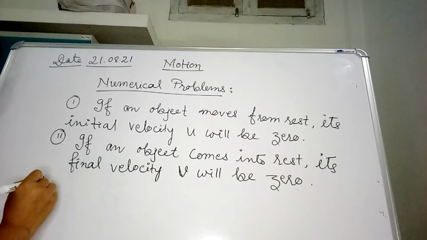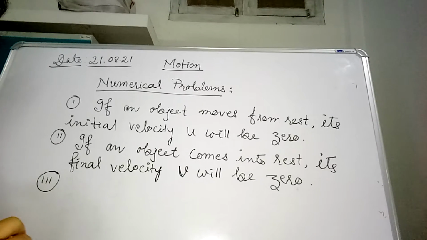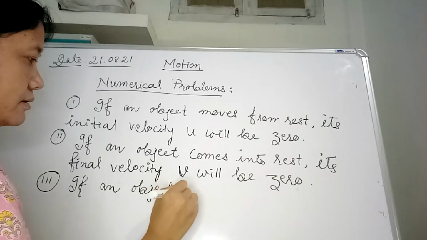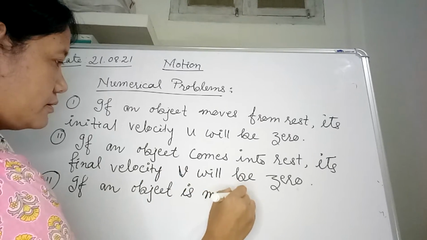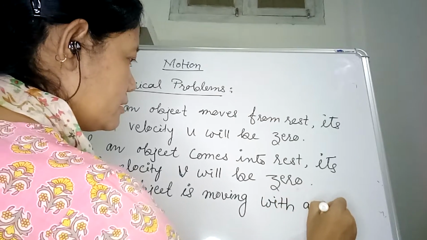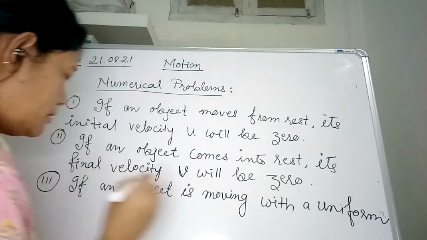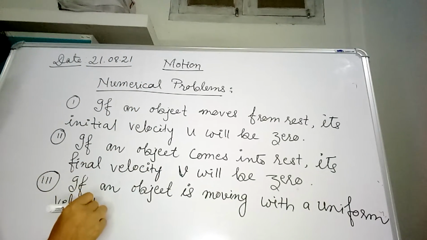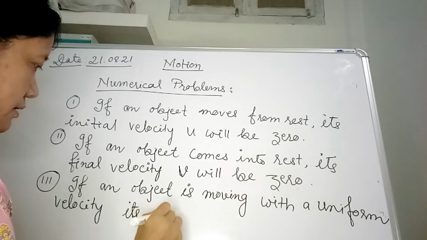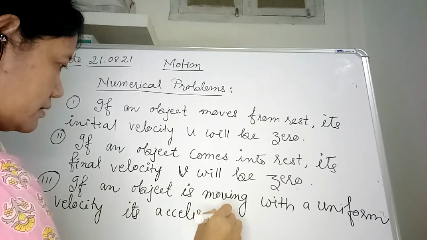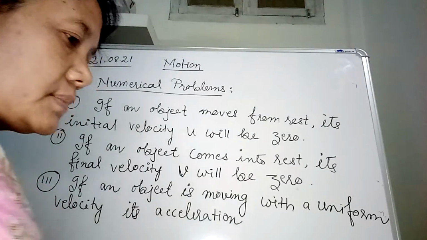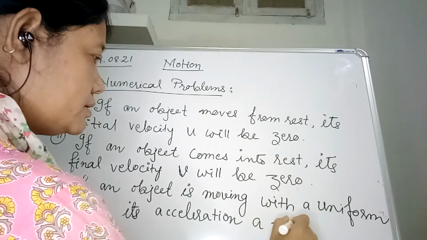Then third point, you see. Third point, if an object is moving with a uniform velocity, its acceleration a equal to 0.